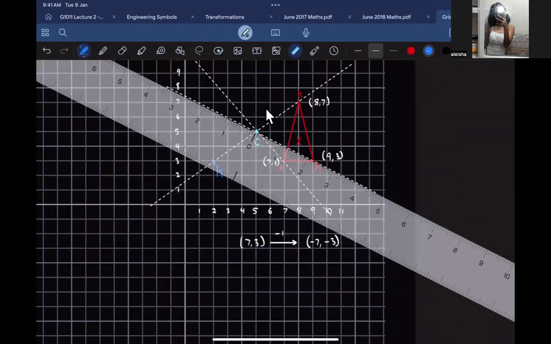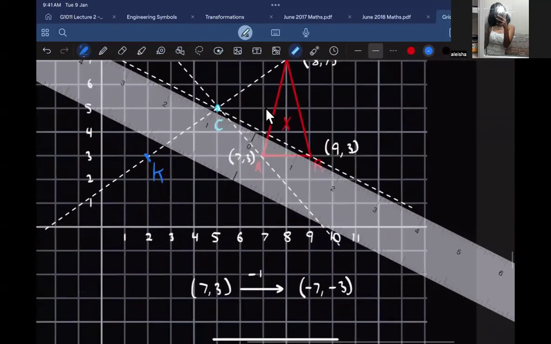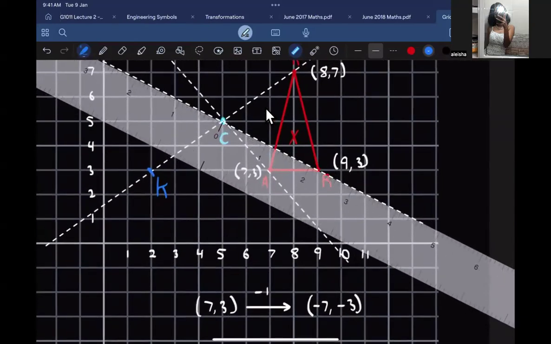I'm kind of struggling to see. Hold on. The center to R. It should be like 2.3 or something. 2.2.